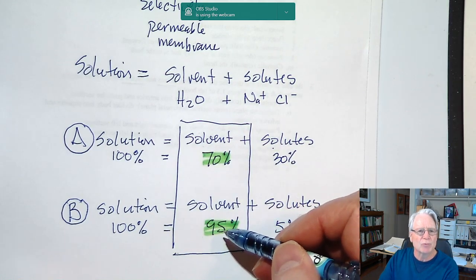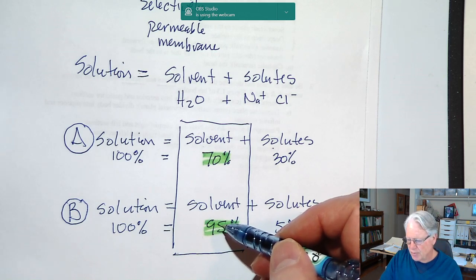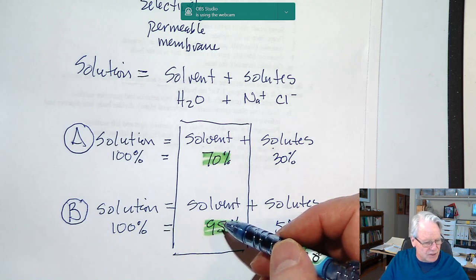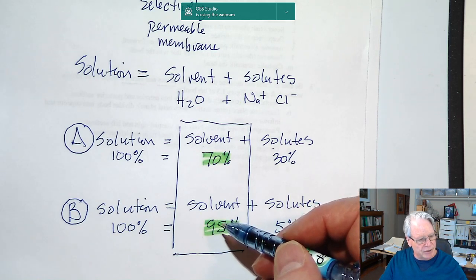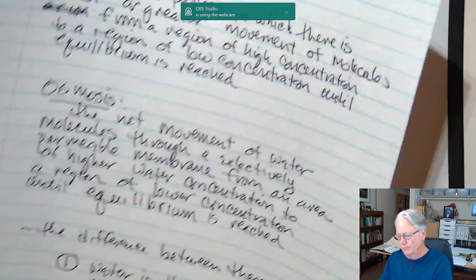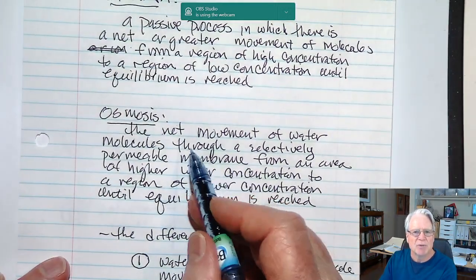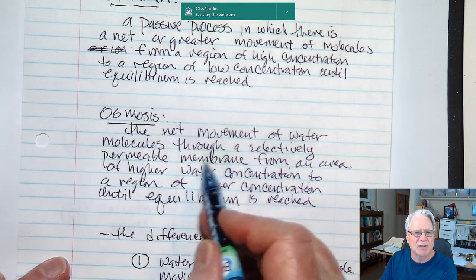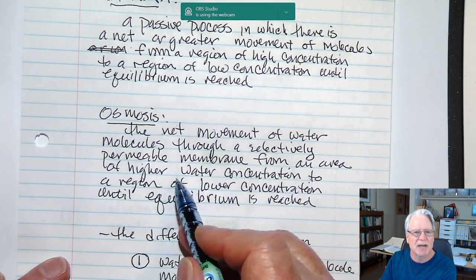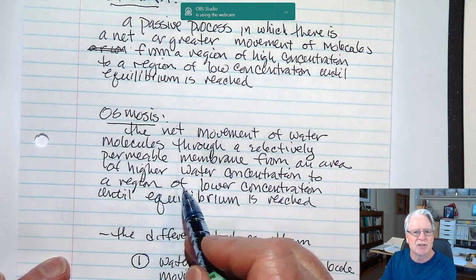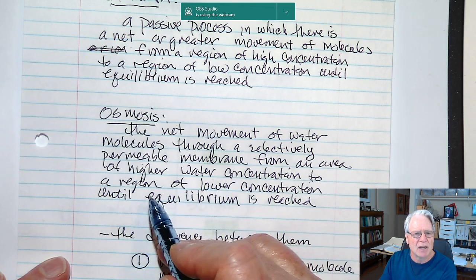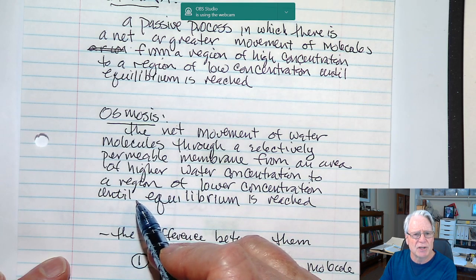So what is the rule in osmosis? If you go back and look at the definition of osmosis, we're going to move water. The net movement of water molecules through a selectively permeable membrane from an area of high water concentration to a region of lower water concentration until equilibrium is reached.